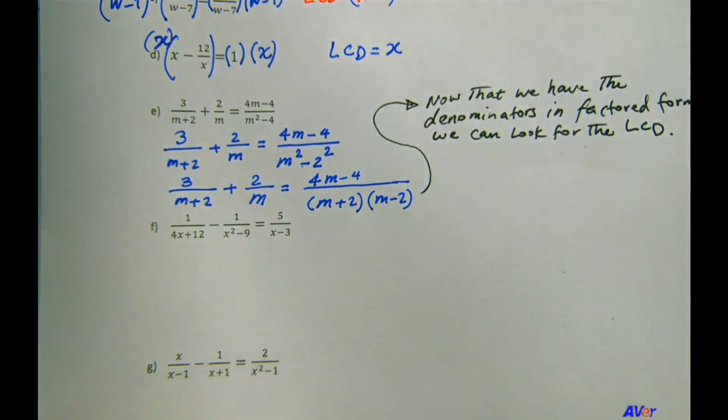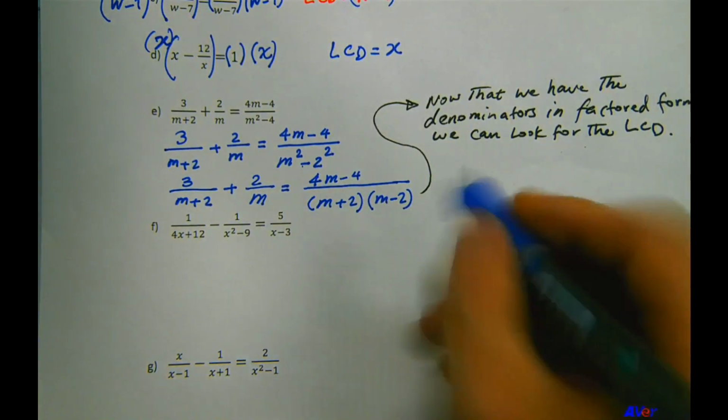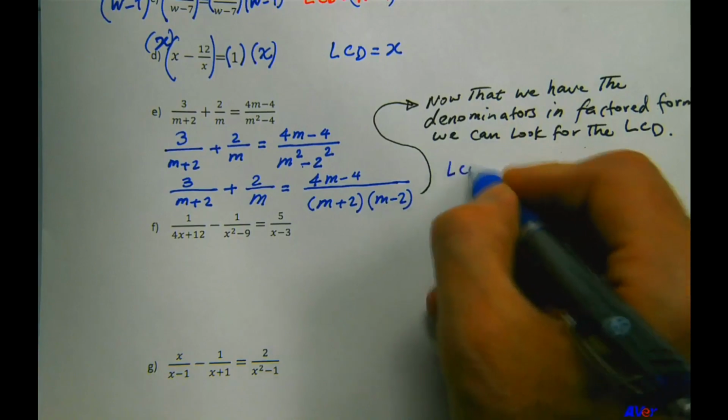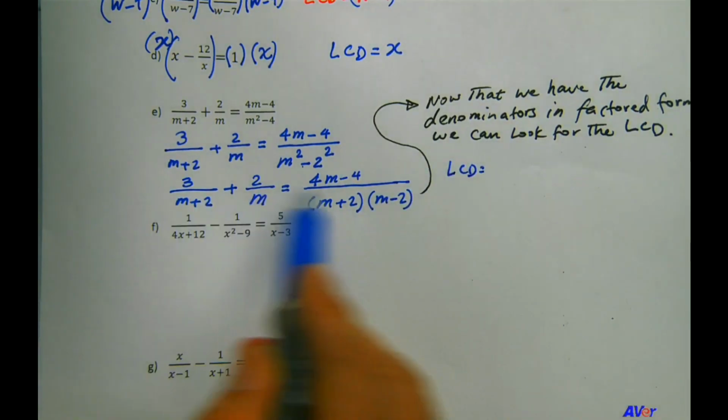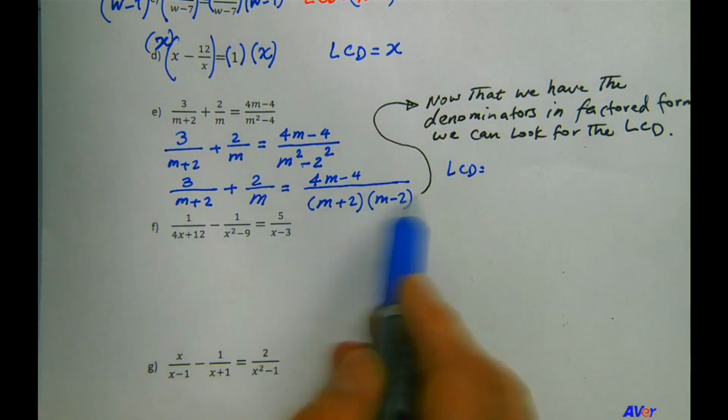Okay, so what is the LCD? The LCD must be something we can multiply all these fractions by to clear all fractions at once.